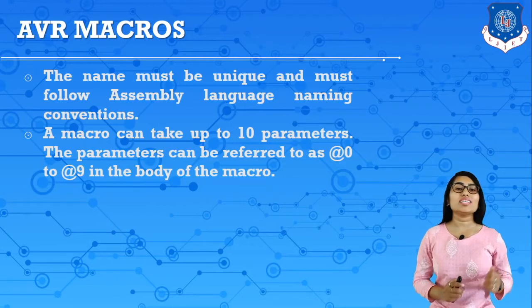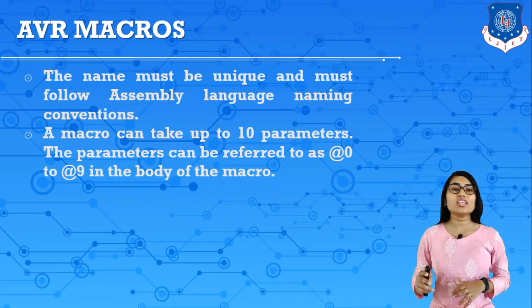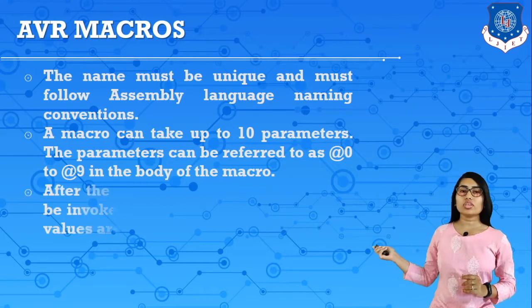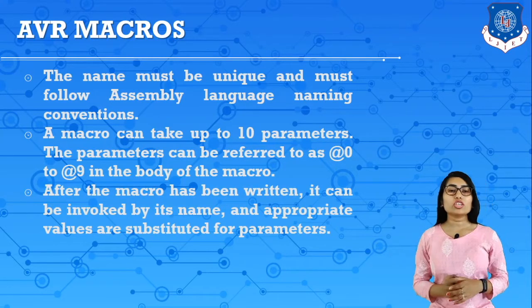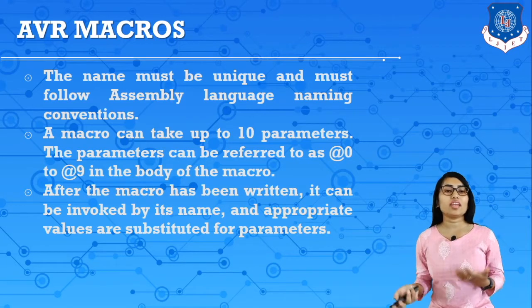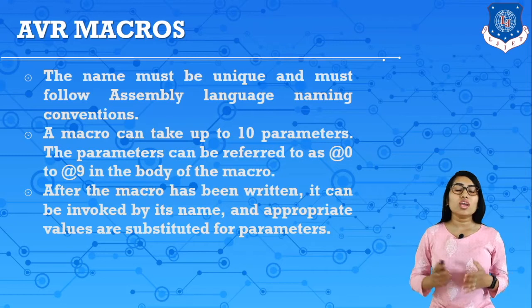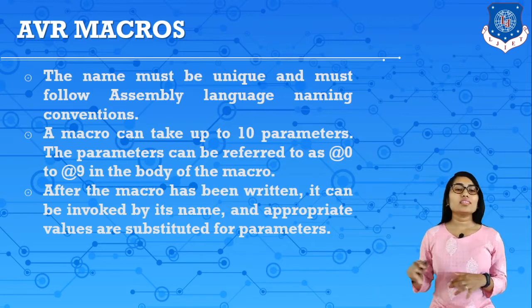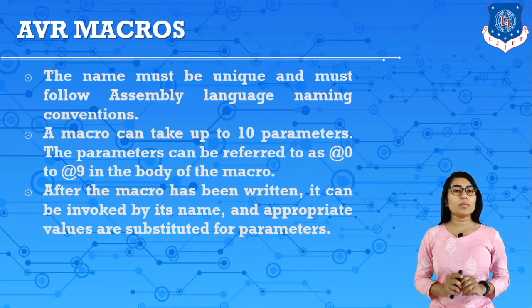The parameters can be referred to as @0 to @9 in the body of the macro. After the macro has been written, it can be invoked by its name, and appropriate values are substituted for the parameters. So after the macro is written once, it can be invoked by its name only.